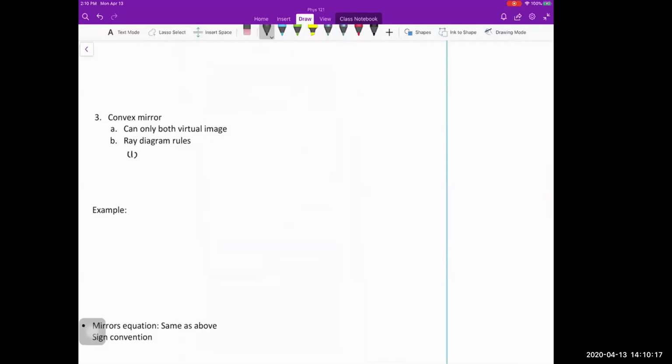The first rule is that a ray parallel to the principal axis will refract, and its extension will pass through the F. The reason we say the extension is this.